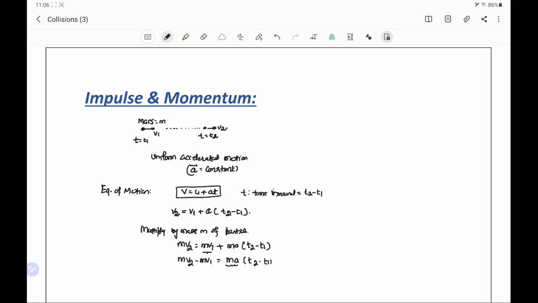Here m is the mass of the body and a is the acceleration of the body, and this acceleration is due to a force, and force by Newton's law is ma. So we can write this as mv2 minus mv1 equal to F times (t2 minus t1).